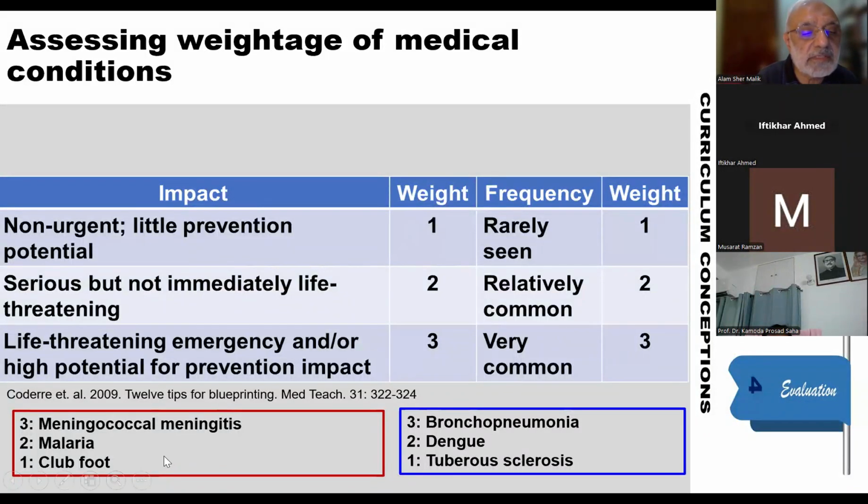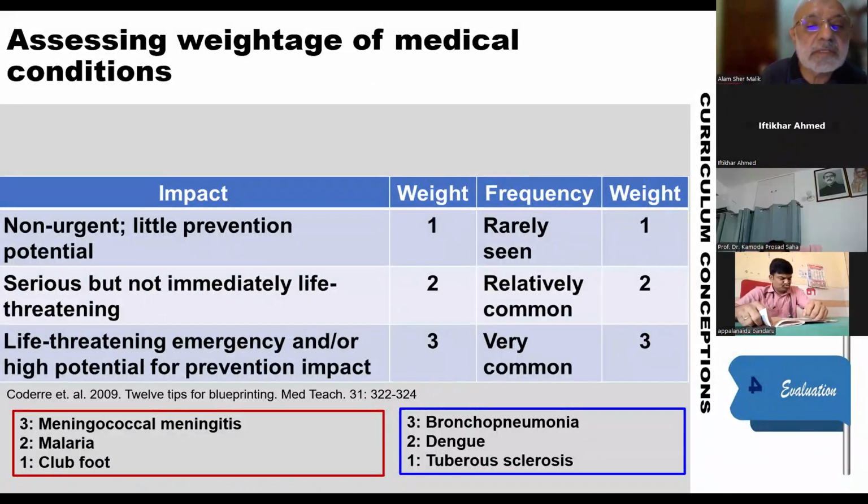Here I have given the example. For example, meningococcal meningitis is a life-threatening emergency, but it is preventable as well by vaccination. So the weightage for meningococcal meningitis would be 3. Whereas malaria, for example, is a serious condition, but it's not immediately life-threatening.